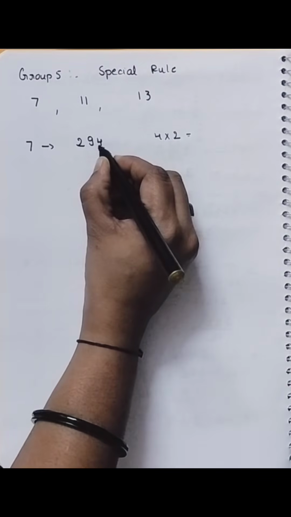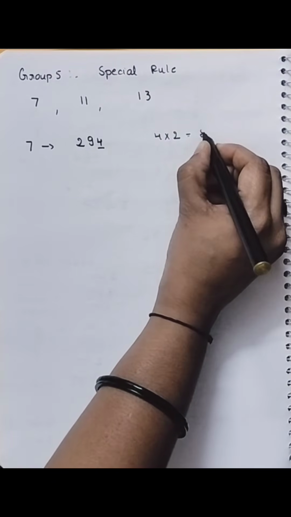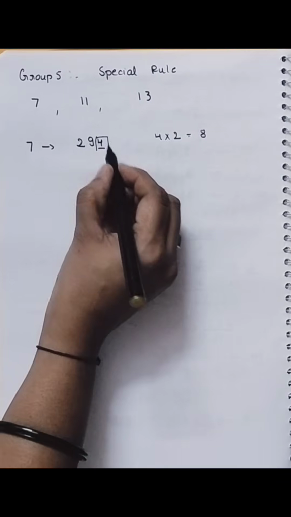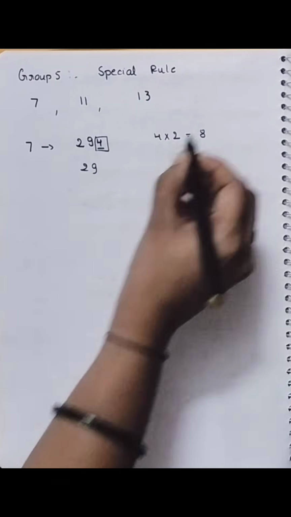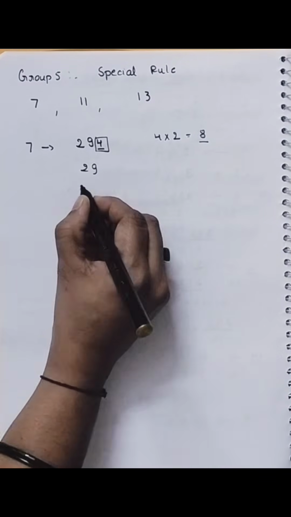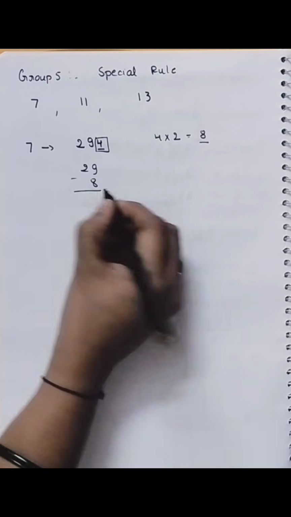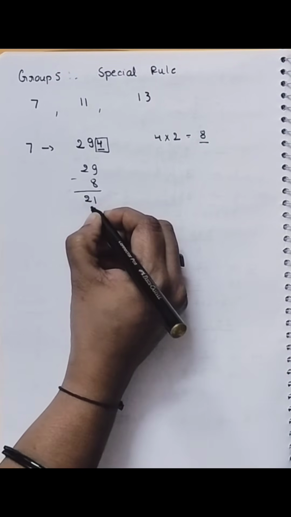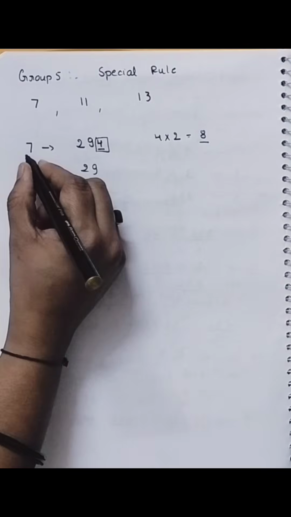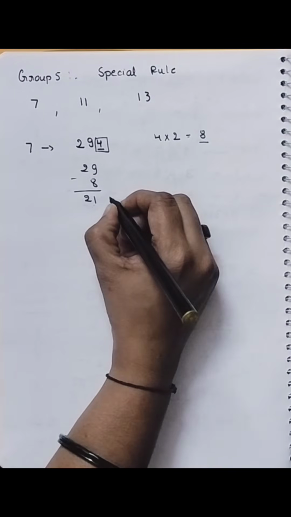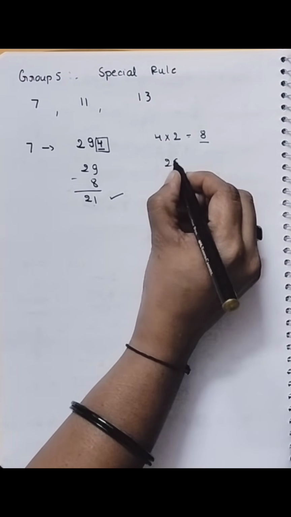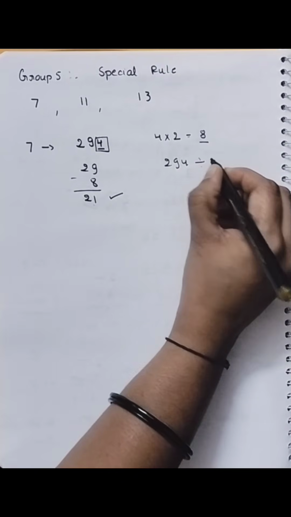The last digit is 4. When doubling, we get 8. After removing this 4, the remaining is 29. We have to subtract this product from it. So 29 minus 8 is 21. And we know that 21 is divisible by 7. Since this is passing the criteria, 294 is also divisible by 7.